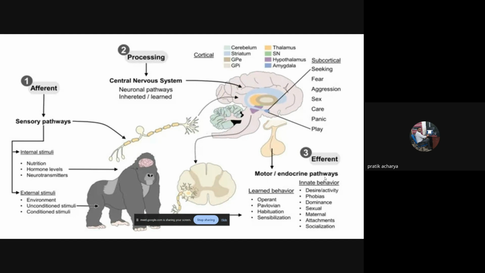Like that, we can cite certain examples, like the role of the hypothalamus. What is the role of the hypothalamus in different aspects? If we are fighting or fleeing, the hypothalamus plays an important role. Different hormonal actions are triggered by the hypothalamus.